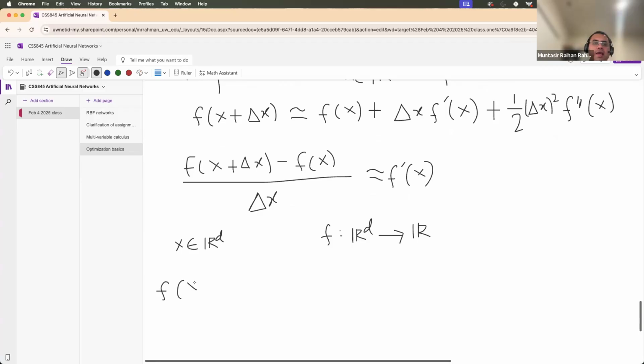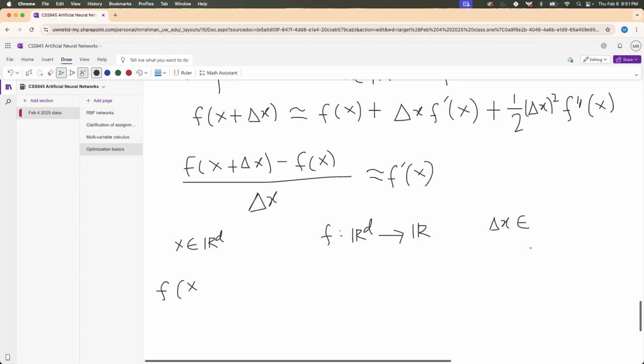It's going to be, again, x is a vector. So what type of object is delta x in this case? Where does it live? When x is a d-dimensional vector, what is delta x? Also a d-dimensional vector? Exactly, it's also a d-dimensional vector.